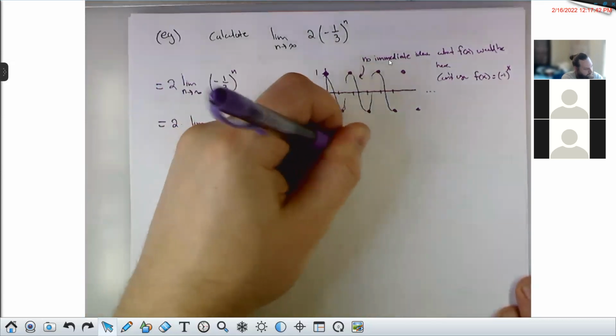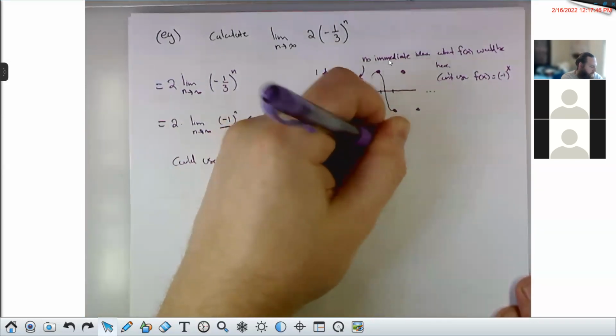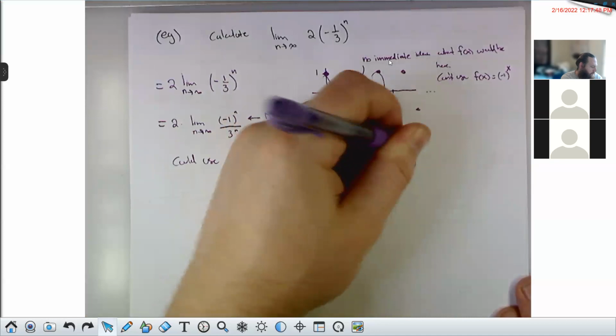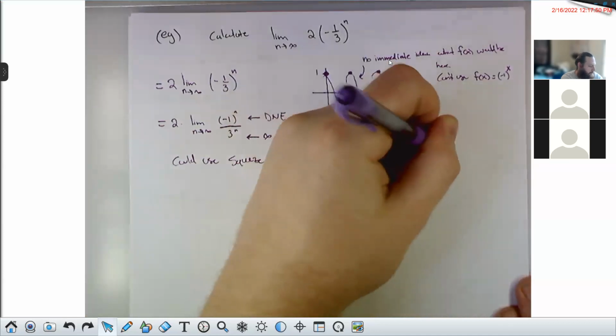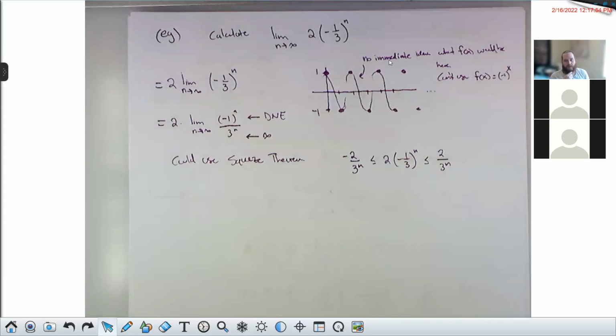Saying that -(2/3)^n is less than or equal to 2 times (-1/3)^n is less than or equal to +(2/3)^n. Right, that is a true inequality that puts the given sequence in the middle, where both the left and right guys are going to the same place. They're both going to 0. So this would work.